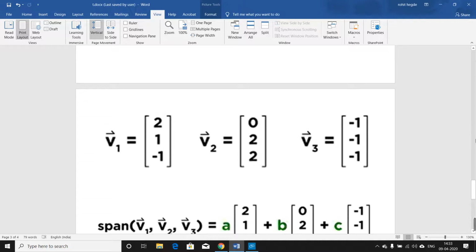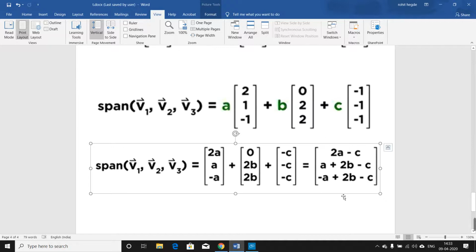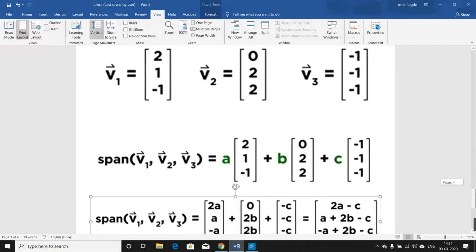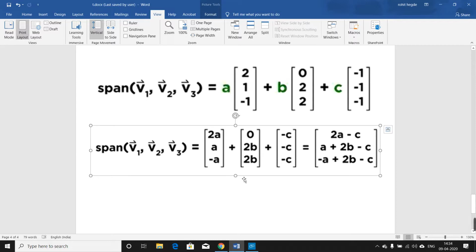That means this v1 is not a subspace. But if we consider the span of v1, v2, v3, with that condition bounded, then the span 2A minus C, A plus 2B minus C, minus A plus 2B minus C, if we find this value and it is greater than 0, if it satisfies that condition, then this span is the subspace.